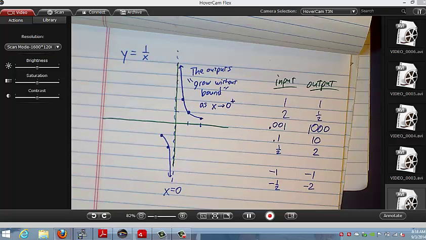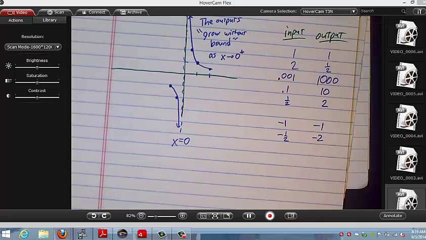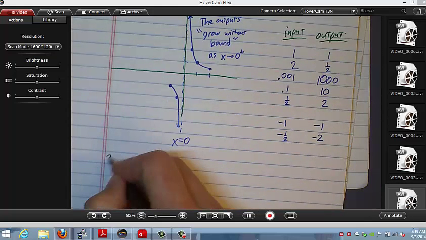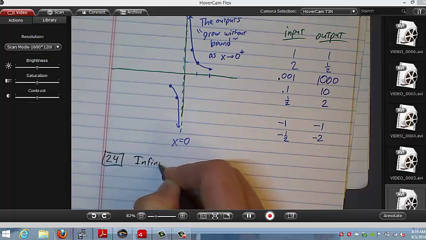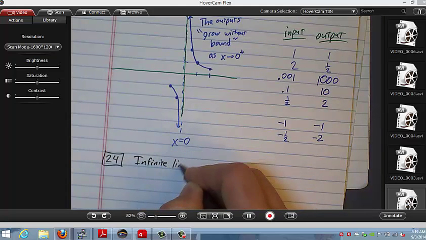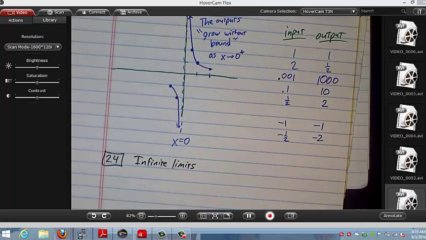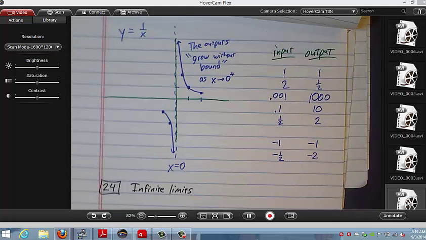You guys with me? Now what happens is, in this section that we're covering today, we're talking about infinite limits. Maybe I should list that. This is 2.4, right guys? Infinite limits. And some of this is just honestly language. You've studied asymptotes before. You've studied functions like 1 over x before.